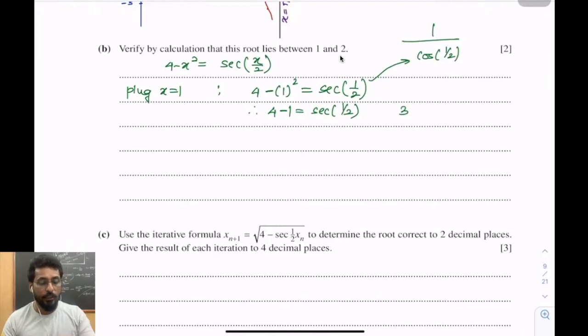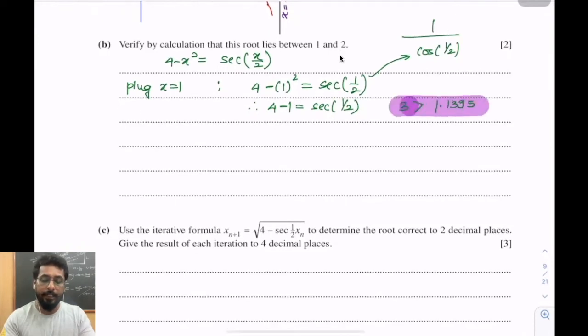Right, students? That's 1.3949. Is 3 greater than 1.3949? So I'll put a greater than sign here. That's the first inequation that I've got.